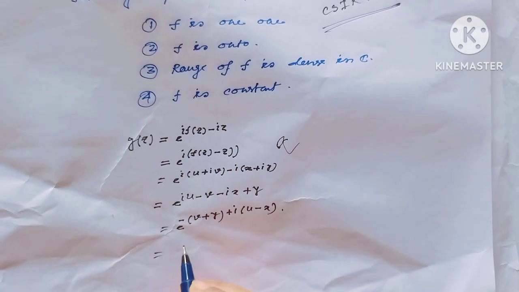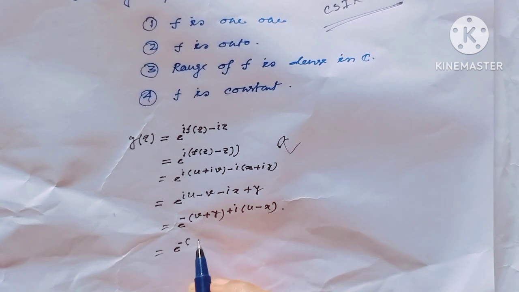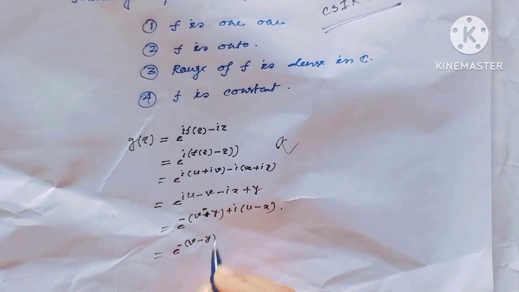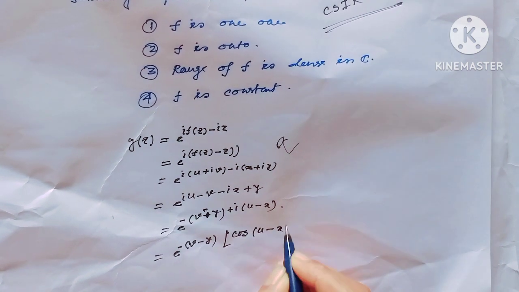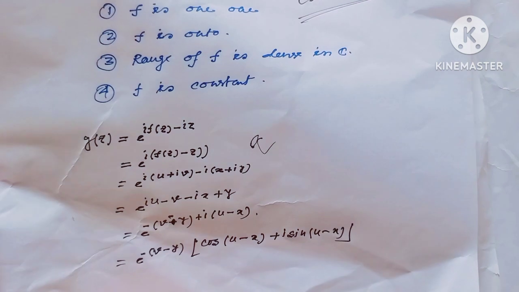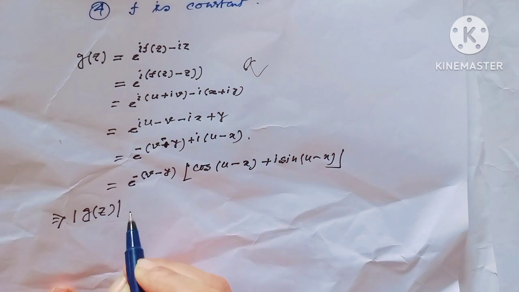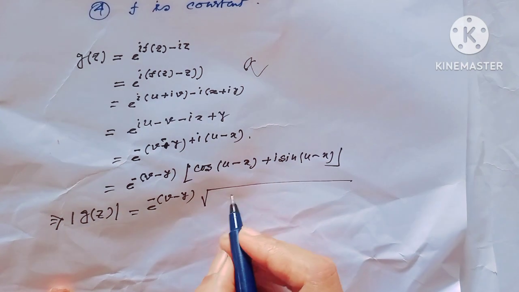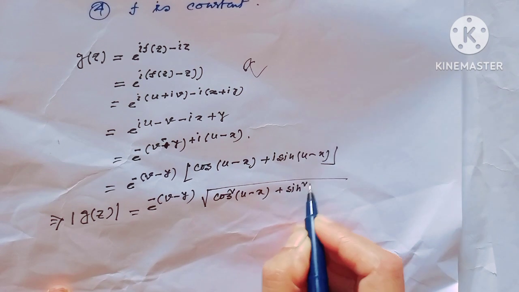That means g(z) equals e to the power minus (v minus y) times (cos(u minus x) plus i sin(u minus x)). And if we apply modulus to both sides, then modulus of g(z) equals e to the power minus (v minus y) times the absolute value of the square root of cos squared (u minus x) plus sin squared (u minus x).